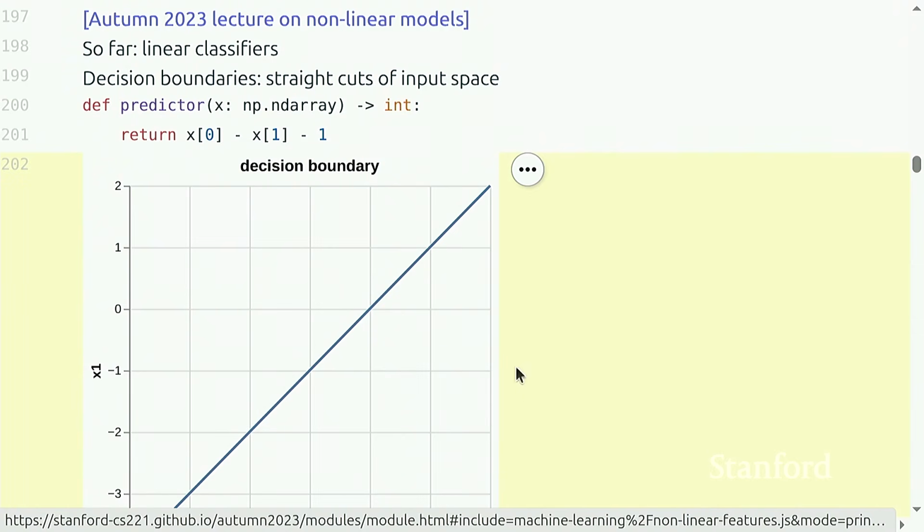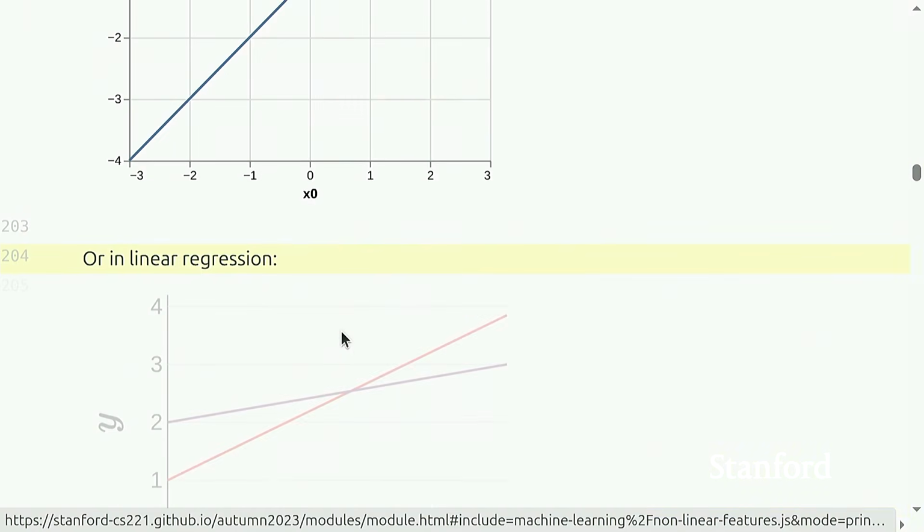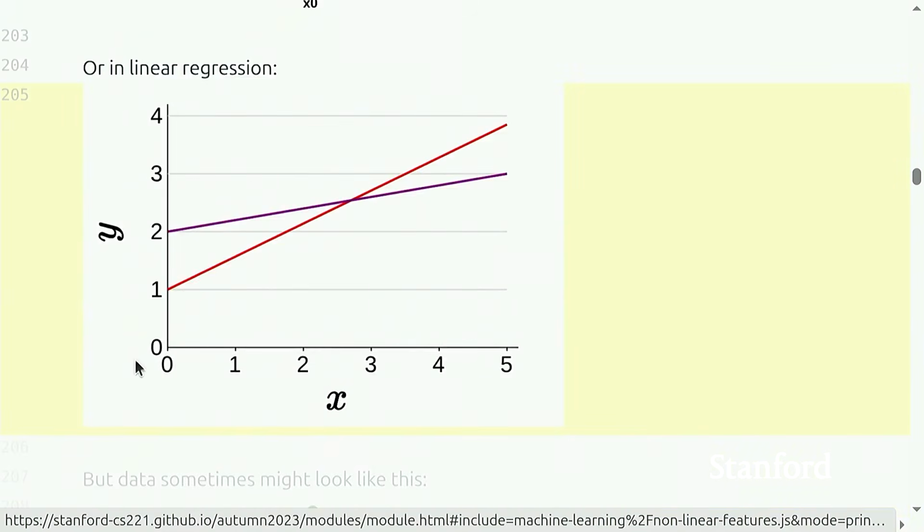Okay? So if you think about the set of all linear predictors, you're limited to classifiers that essentially have straight cuts through the space. Or in linear regression, your predictors all look like lines as well, which map some input to some output.